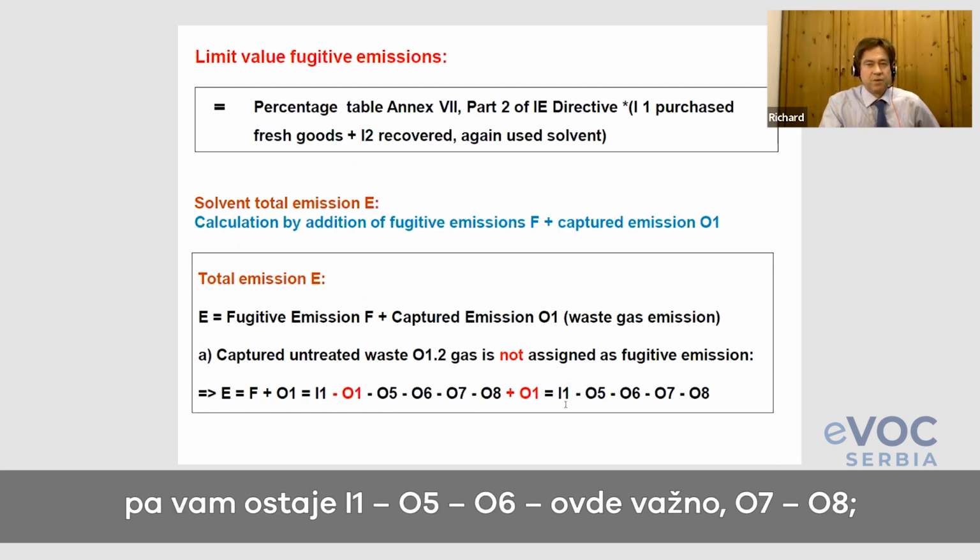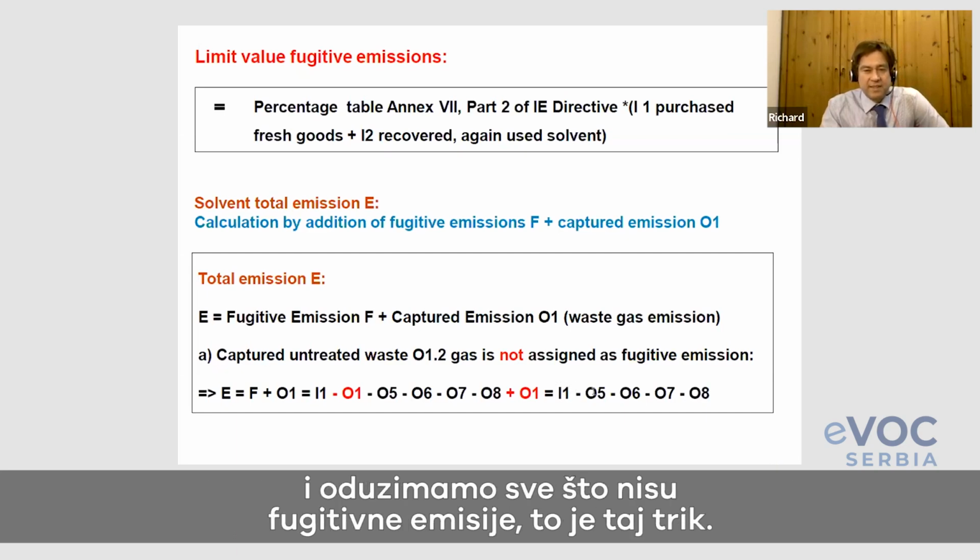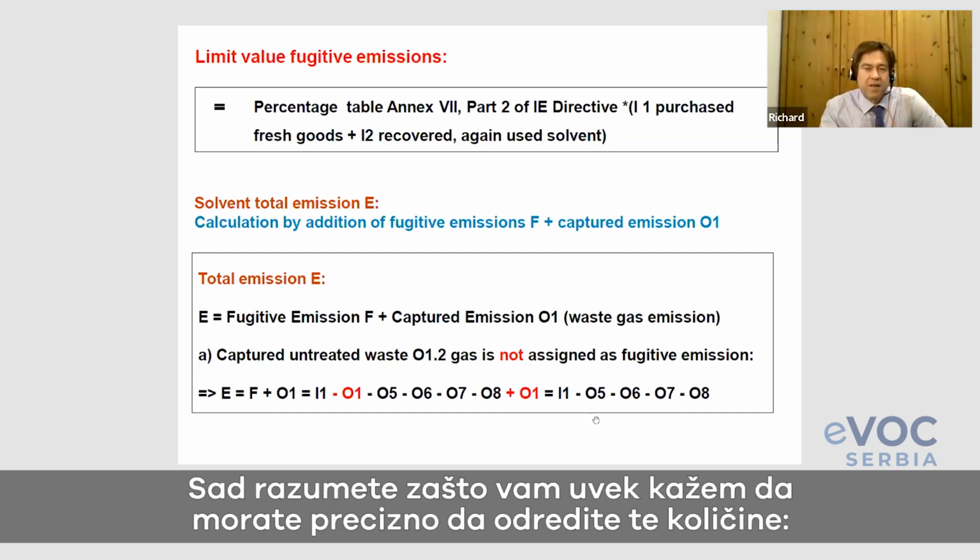At the end you have only I1 minus O5 minus O6, and here important, O7 minus O8. That's the reason it's called the indirect method, because we start from what we put in and subtract all those quantities that are not fugitive. So you see, that's the trick. Now you understand why I always say you must determine those quantities with very high precision.